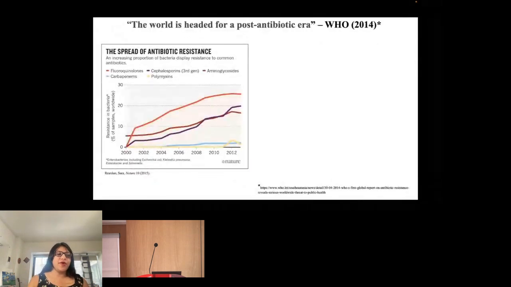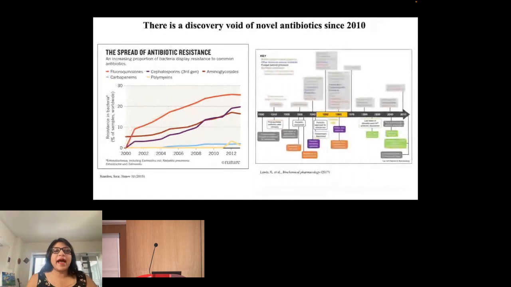So in 2014, WHO declared antimicrobial resistance to be a global threat. To quote the then director, he mentioned the world is headed for a post-antibiotic era. But irrespective of that happening, the number of novel antibiotics discovered in the past decade is significantly less.